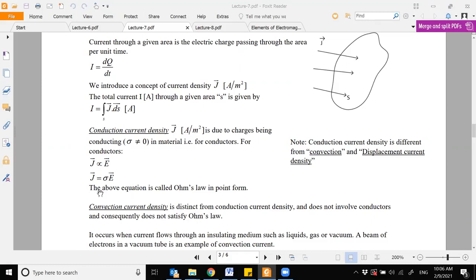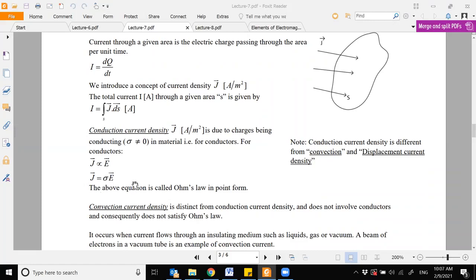This is the relationship. Okay, so the conduction current density is proportional to the electric field, or J bar is equal to sigma E, where sigma is called the conductivity of the material.